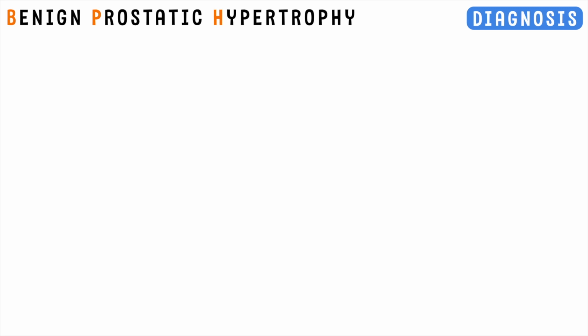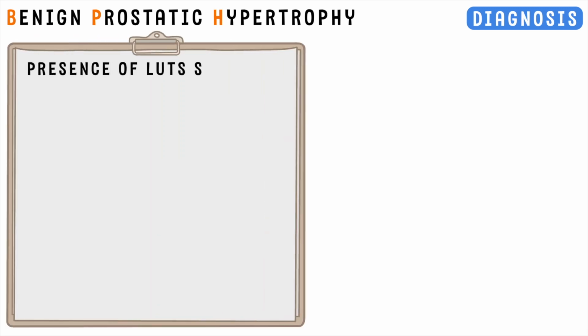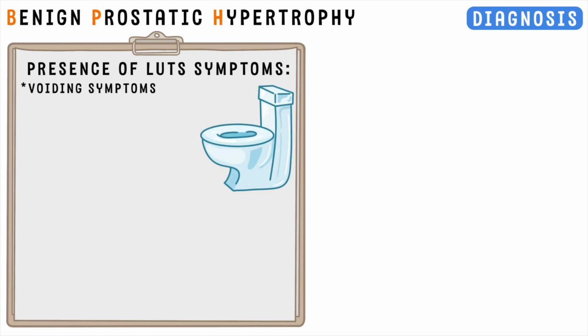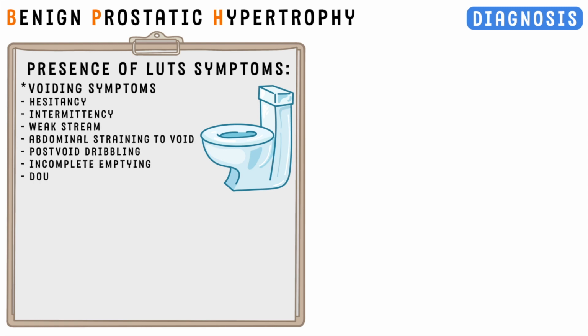Then, taking a patient's history, focus on identifying the presence of lower urinary tract symptoms, such as voiding symptoms, previously called obstructive symptoms, like hesitancy, intermittency, weak stream, abdominal straining to void, post-void dribbling, incomplete emptying, and double voiding.